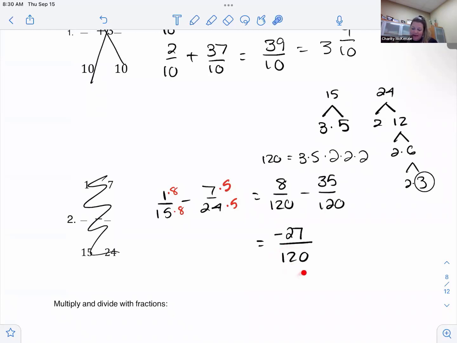So I know 3 goes into this one, 7, 8, 9. So 3 goes into 27, plus I just know 3 goes into 27. Okay, so if I divide the top and bottom by 3, I'm going to get negative 9 over 40.